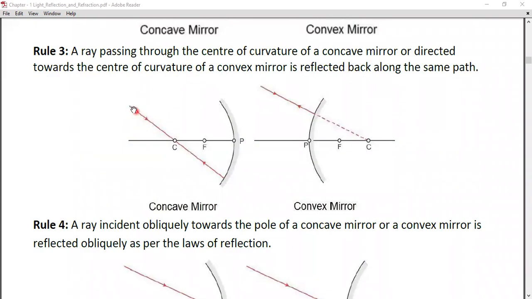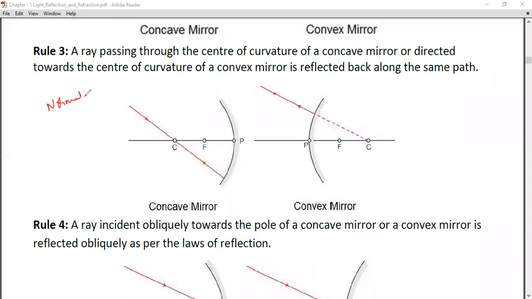In the rule 3, students, the light ray passing through center of curvature, after reflection, it retraces the path. See, guys, it is going like this. After reflection, it retraces the path. Here also in case of convex mirror, the same thing, students. The light ray, if it directly falling along the center of curvature, because students, the light ray passing through center of curvature is nothing but it is the normal incidence, right, students?